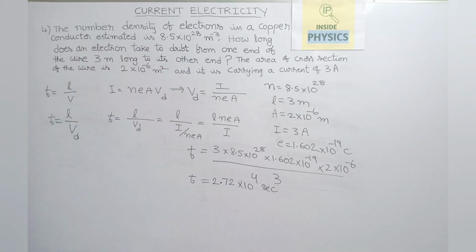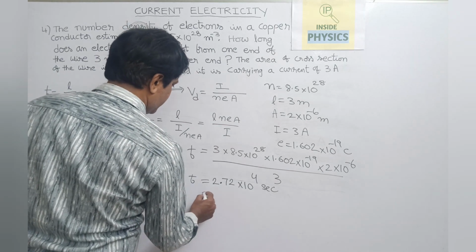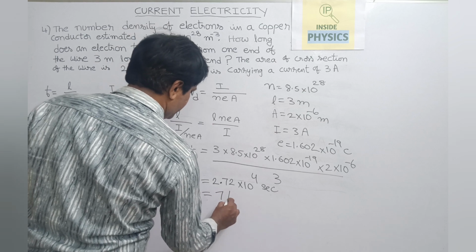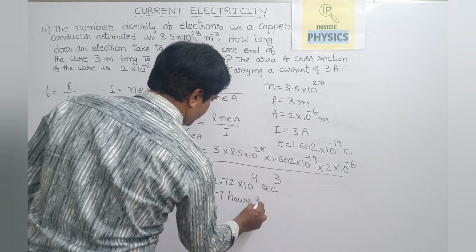Time will always come in seconds, and if you want to calculate the time in hours, it comes around 7 hours 33 minutes.